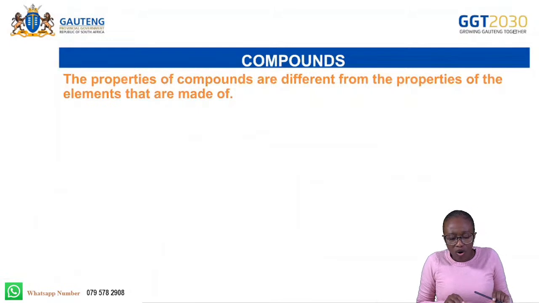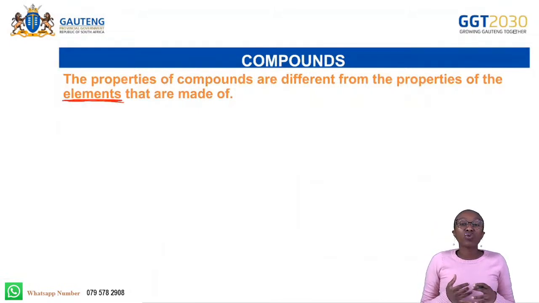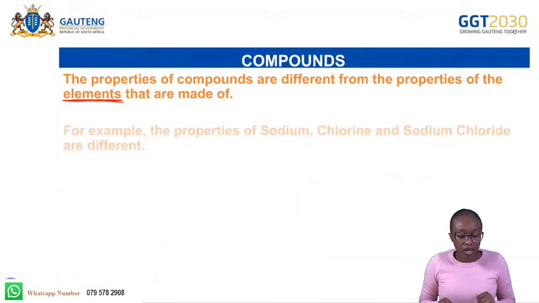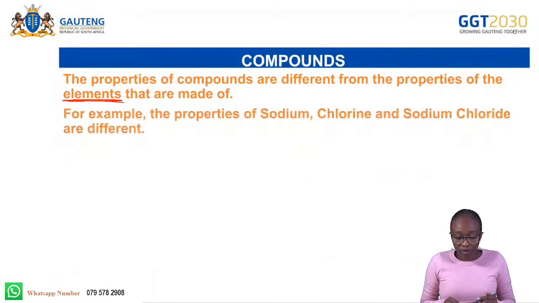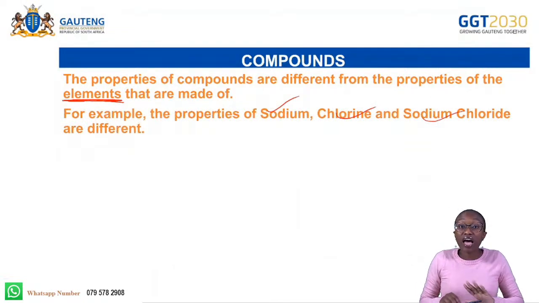Now, compounds have different properties. And remember, compounds are made of elements. So compounds are bound to have their own specific properties that belong to them. And these properties are different from the properties of the elements that make up the compound. For example, sodium, chlorine, and sodium chloride, these are very different.